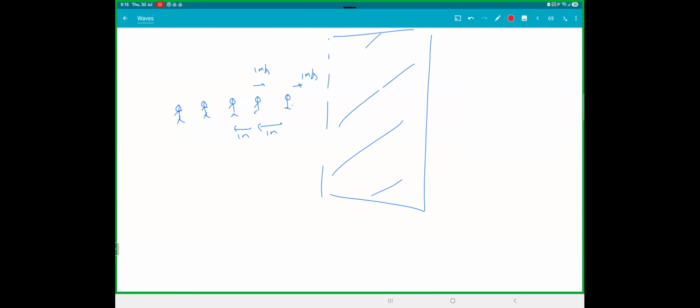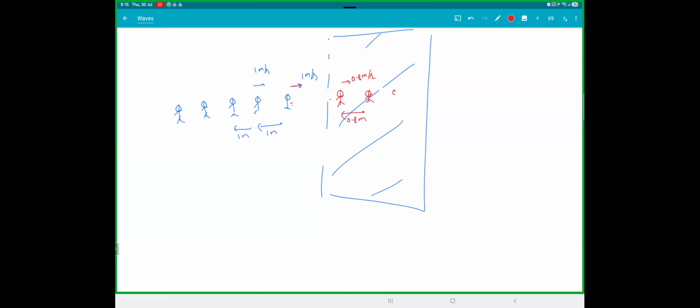The moment the first person enters the crowd, he will slow down. His speed will become something like 0.8 meter per second. But the guy behind is still coming at 1 meter per second. By the time this guy enters here, the distance would have decreased to some 0.8 meter or something. Making sense?